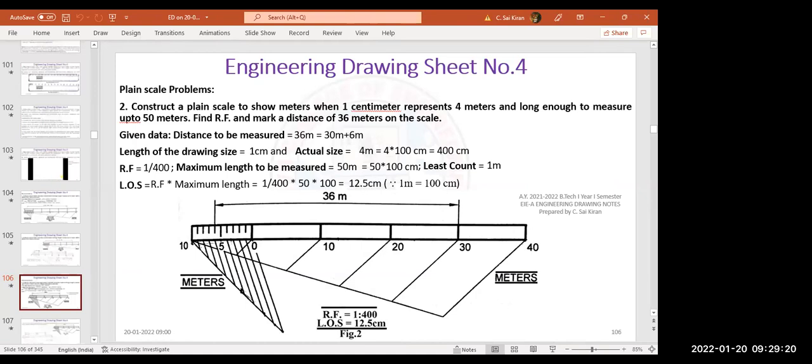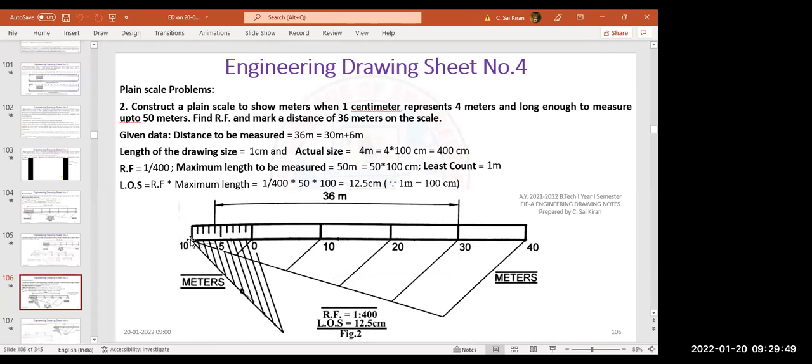So what we do is make it 5 equal parts, and we assume each part equals 10 meters. So first 0, 10, 20, 30, and 40. We have created this scale. And again, we have to divide one main division into subdivisions.